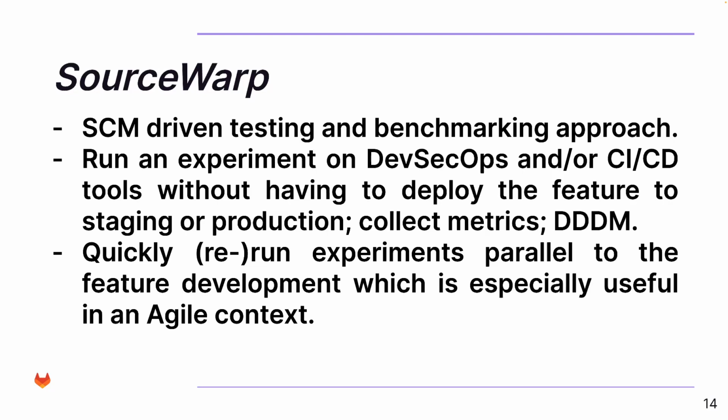Then you can collect metrics and use these metrics for data-driven decision making. You can also rerun experiments while you're building out a feature. This is one of the advantages of not having to deploy: you can use SourceWarp to get preliminary insights while building out a feature, and use that to guide your feature development.